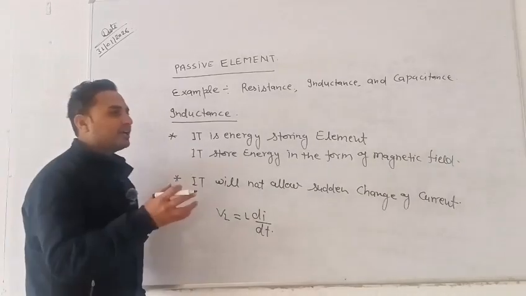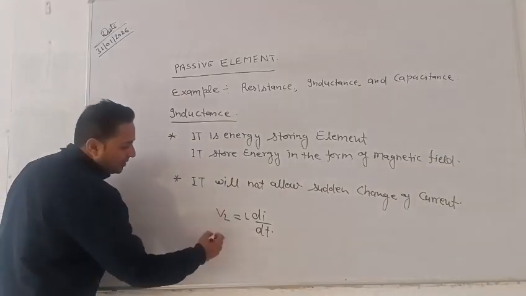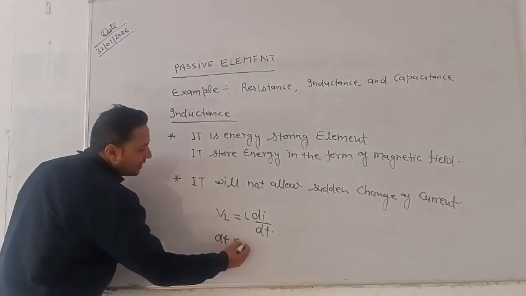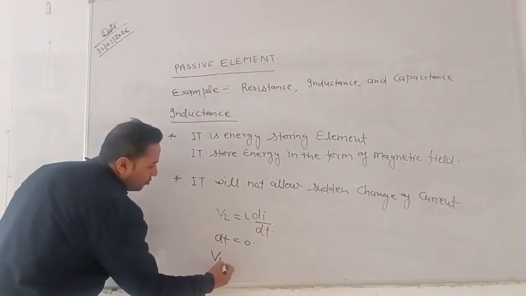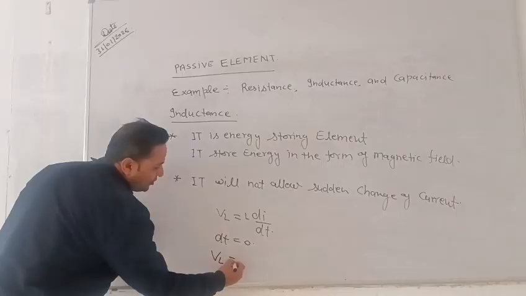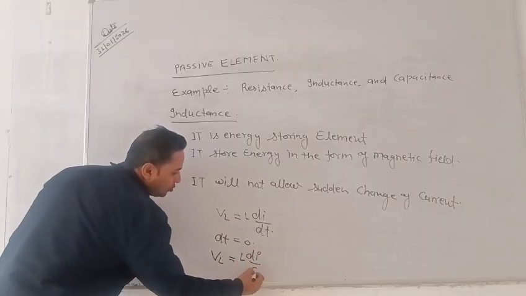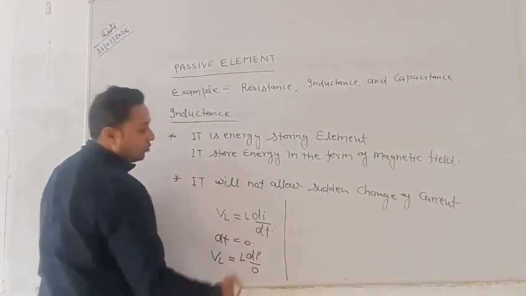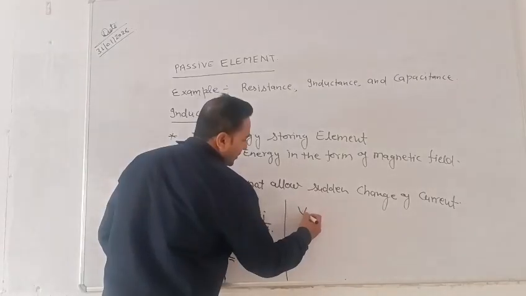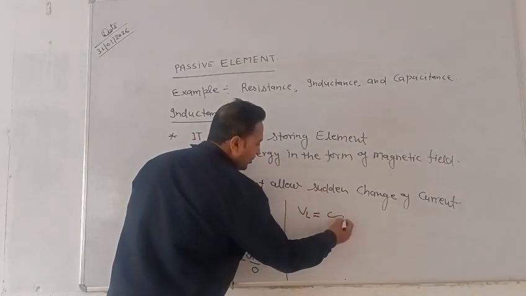How can we understand this statement? Sudden change means time dt is very small, means 0. So put the value of dt as 0. So VL is equal to L di upon dt, which gives VL equal to infinite.